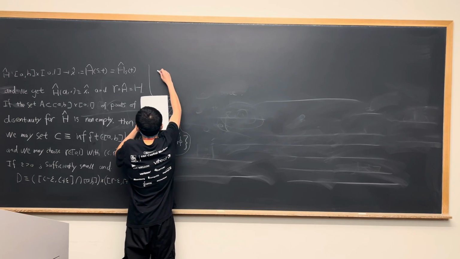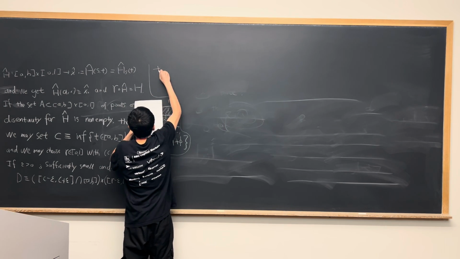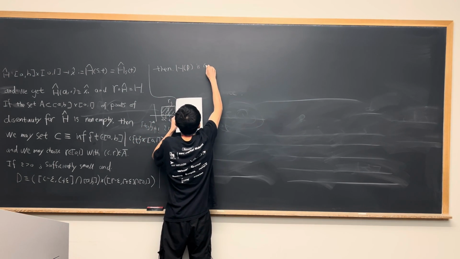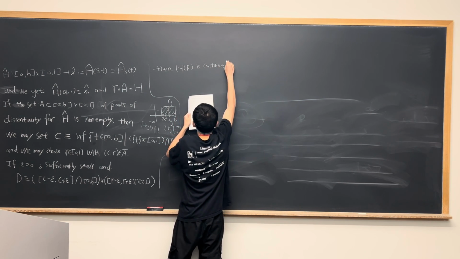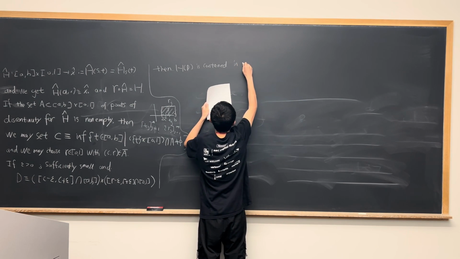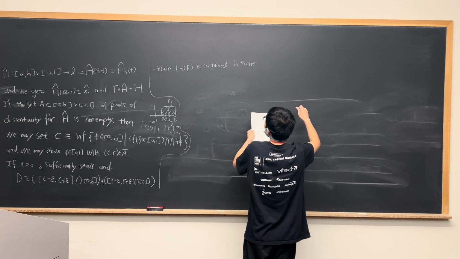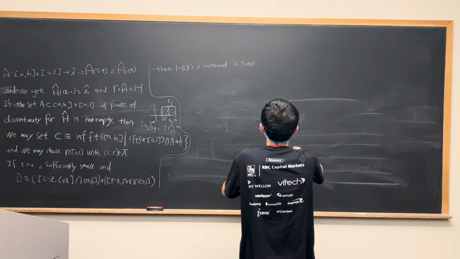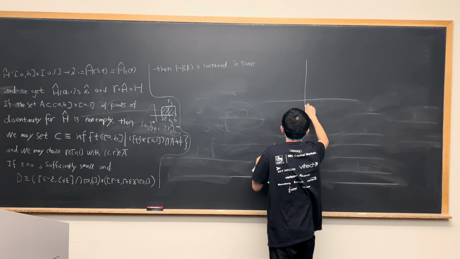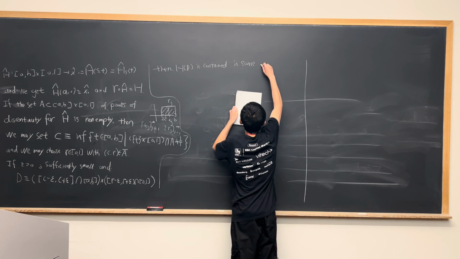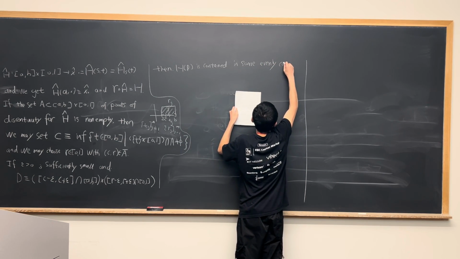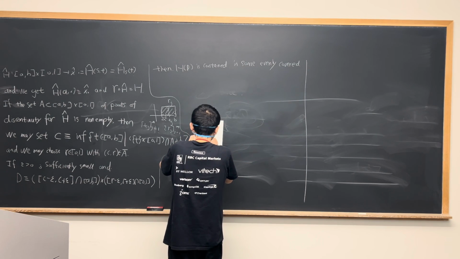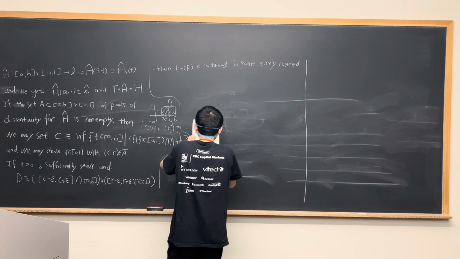Then we claim that this H of this D is contained in some evenly covered open set U.